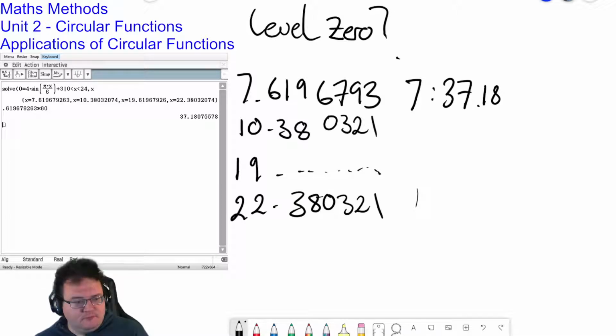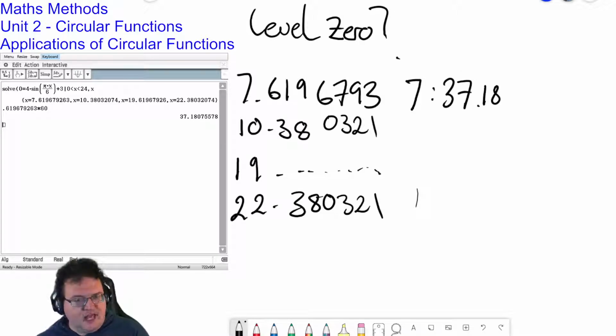Round up or round down? Am I rounding up or rounding down if I just care about the nearest minute? Yeah, I'm rounding down.